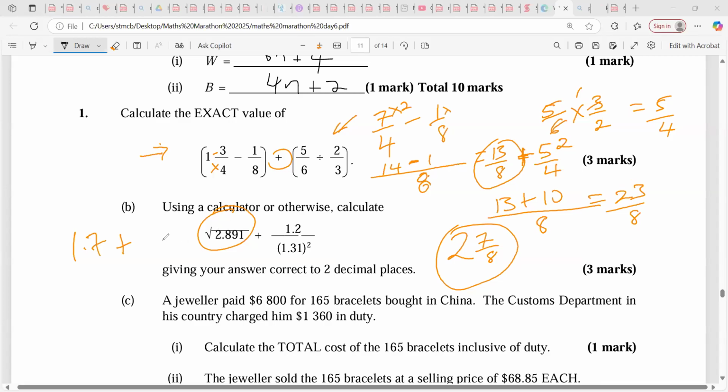This gives me 0.699 and some more numbers. So I'm just going to add the 1.7 to it. Yeah, that person was correct, I think. 2.4. It basically works out to 2.99.